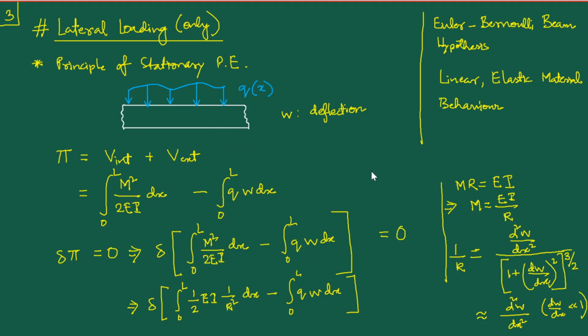Furthermore, these kinds of relations, this M by R equal to EI, are very much dependent on the use of the linear elastic material behavior. Okay, so as we have seen in one of the problems where we used a nonlinear material behavior in Castigliano's theorem on deflections, you saw that this relation M by R equal to EI is no longer valid.